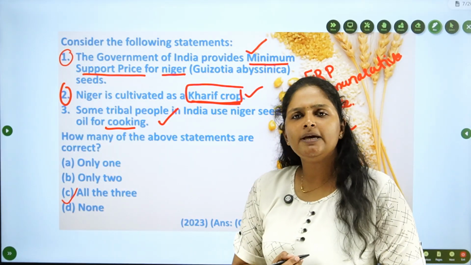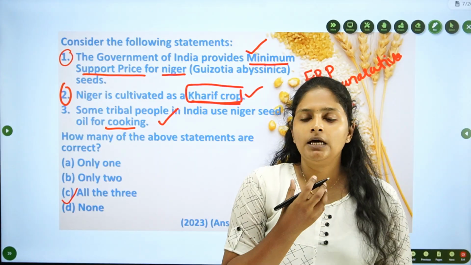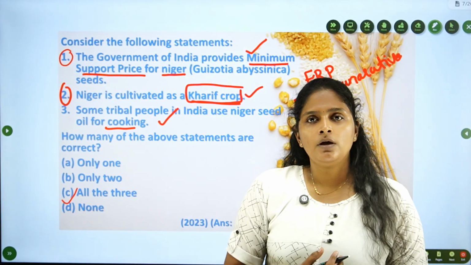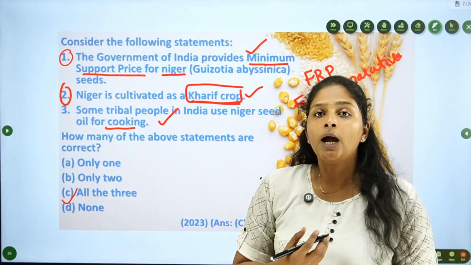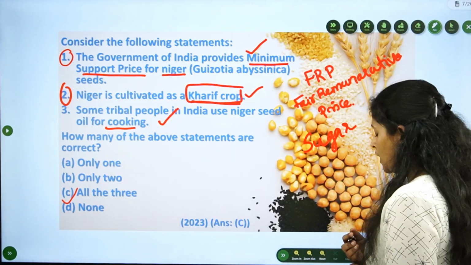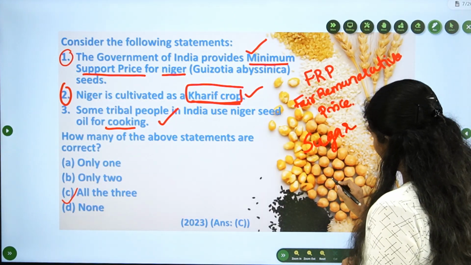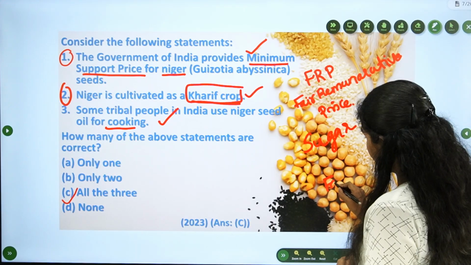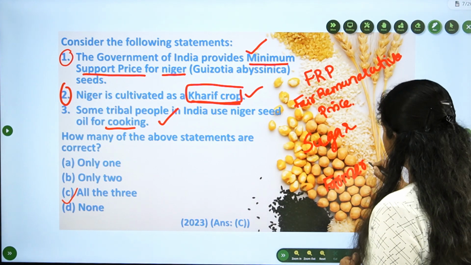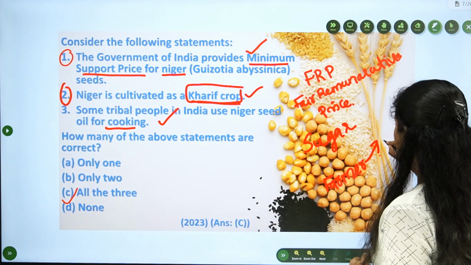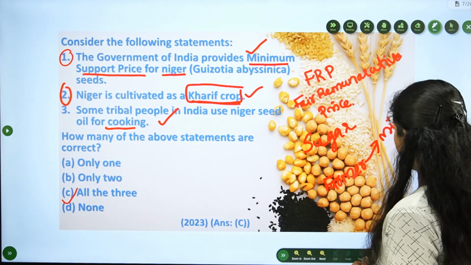In MSP, the government is procuring some portion of the produce or mandating that this is the minimum price to sell these products. But in FRP, the government does not give it directly to sugarcane farmers. The sugarcane is purchased from these farmers by mill owners, right?